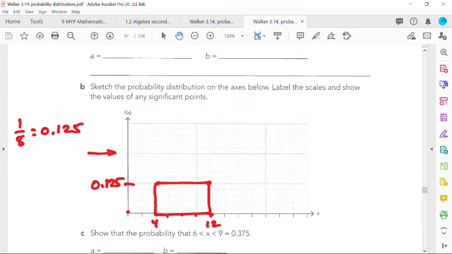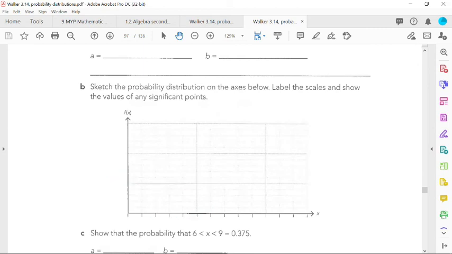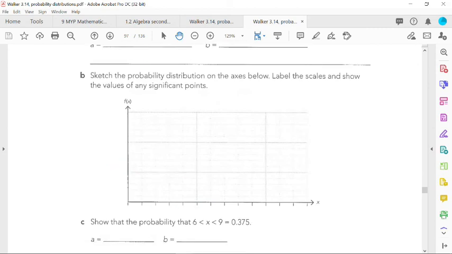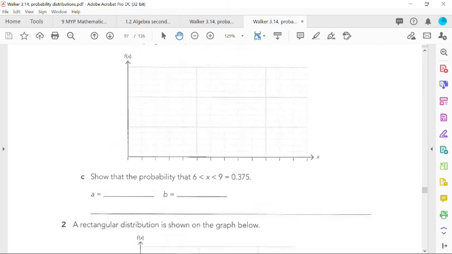Looks okay? All right. Let's see what's next. Show that the probability that x is between 6 and 9 is equal to 0.375. So we said this was 4, so 4, 6, 8, 10, 12.